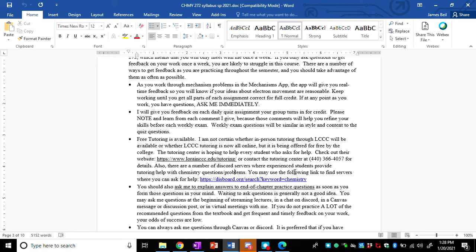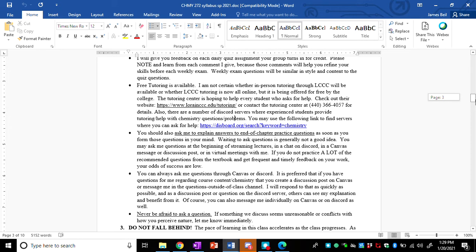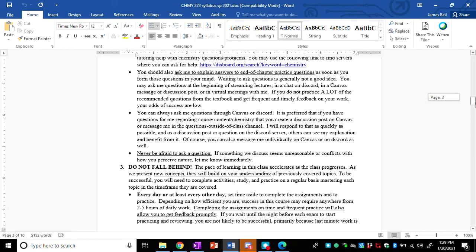So I believe most of those servers are free tutoring access. So that's also a potential resource that you might want to think about accessing. But it's important to get feedback and to get help when things aren't making sense. So that's the key point there.